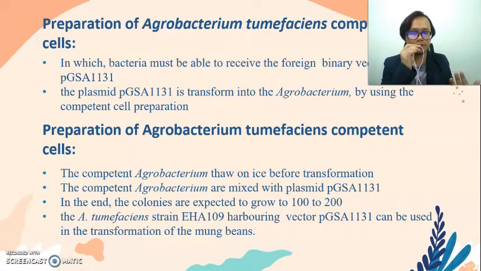The competent Agrobacterium are then mixed with the plasmid pGSA1131 so that they can receive the plasmid. In the end, the Agrobacterium is grown on media, and the colonies are expected to grow to 100 to 200. The Agrobacterium tumefaciens strain harboring the pGSA1131 plasmid can then be used in the transformation of the mungbeans.